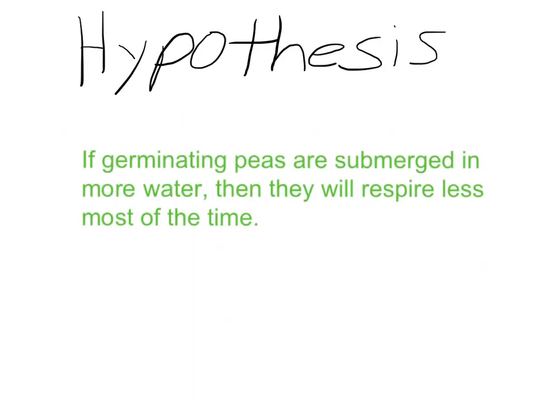Our hypothesis was, if germinating peas are submerged in more water, then they will respire less most of the time. We concluded that this would happen because the water might diffuse into the pea seeds, thus reducing the amount of respiration that could be carried out by the cells.